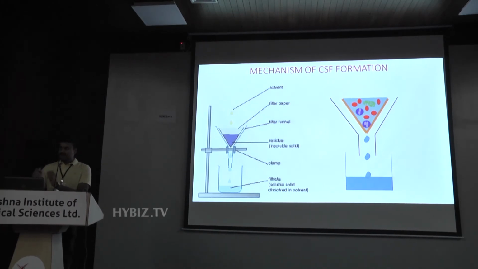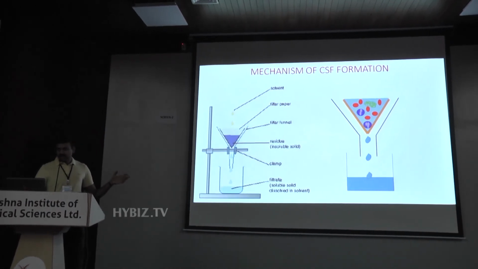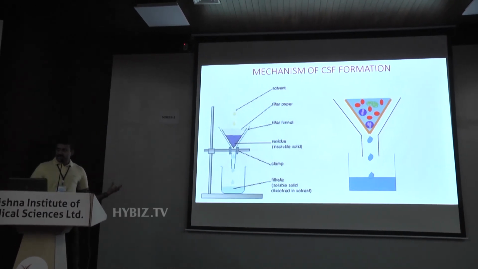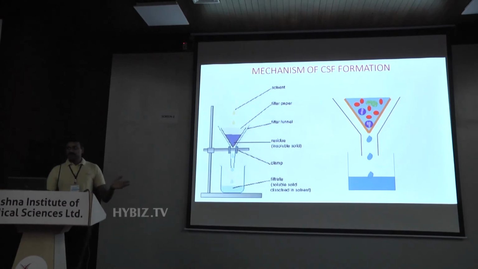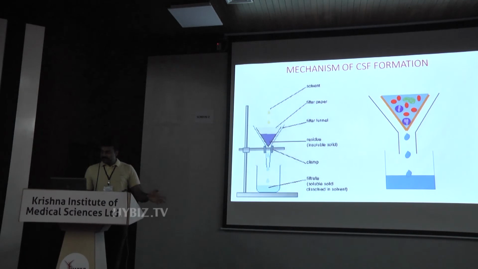There are minute gaps between these cells, and let's assume the filter paper is nothing but those minute gaps. These gaps retain the cells and allow only the part of the blood called the plasma to flow through, and that is collected inside the ventricles. So this is one of the mechanisms of CSF formation, that is ultrafiltration of the blood.